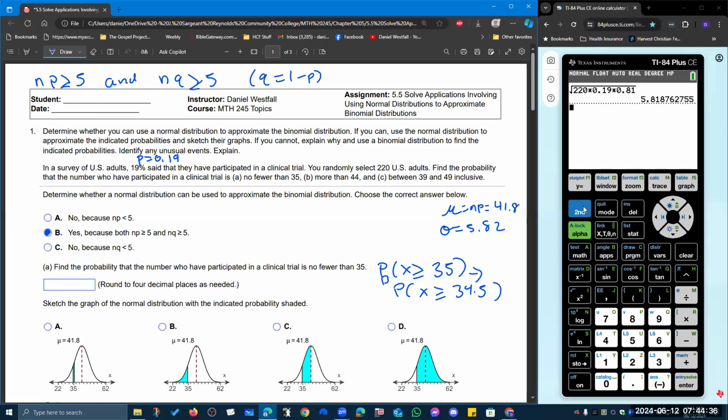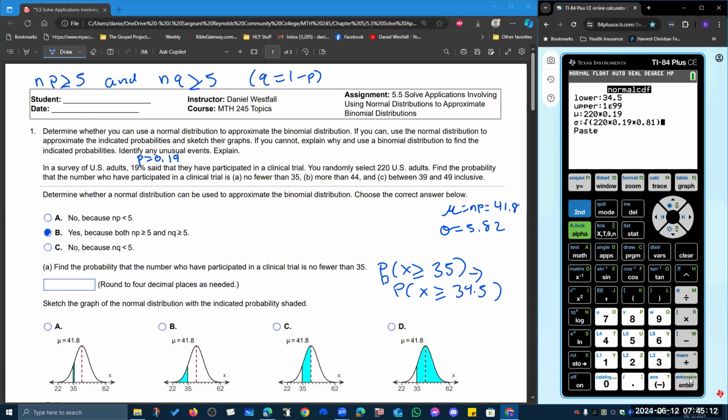So second distribution, normal CDF, lower bound of 34.5 up to positive infinity with a mean of 220 times 0.19 and standard deviation of the square root of 220 times 0.19 times 0.81.